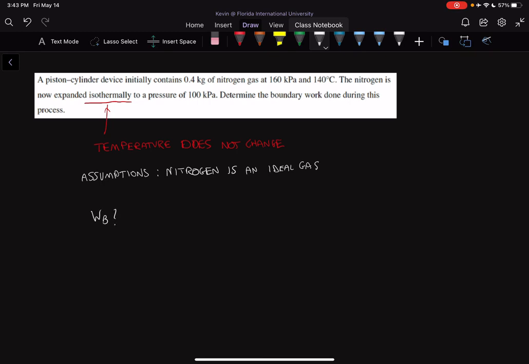And so the first thing we're going to do, as usual, is to state 1 and state 2. And so state 1 is going to have a mass of 0.4 kilograms. We know that state 2 is going to have that same mass because we have a piston cylinder device once again. And we have a pressure 1 of 160 kilopascals. And temperature 1, which is equal to 140 degrees Celsius, which can be converted to Kelvin, but let's leave it in Celsius for now.